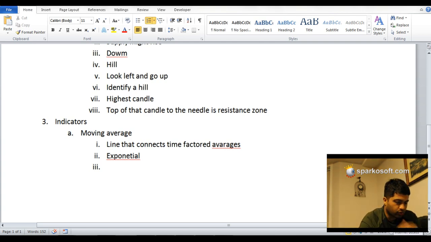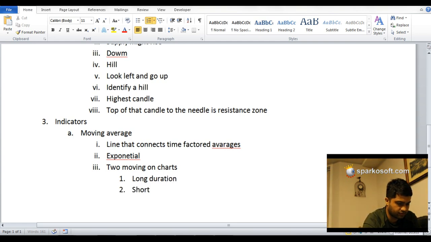So what we do is we try to superimpose two moving averages on charts. One would be of longer duration, and one of shorter duration. And we look for crosses.